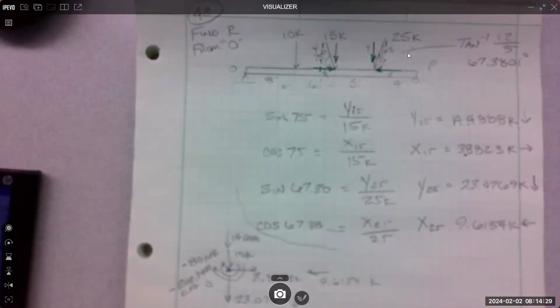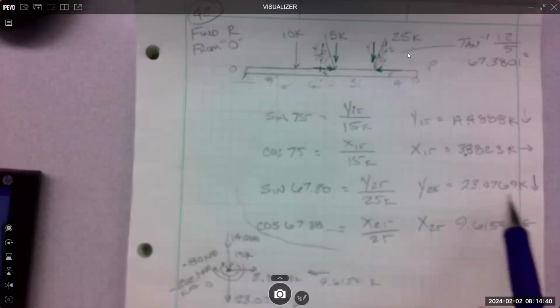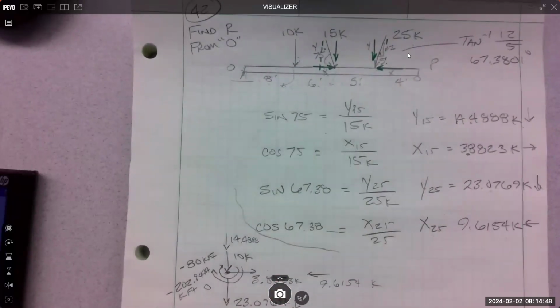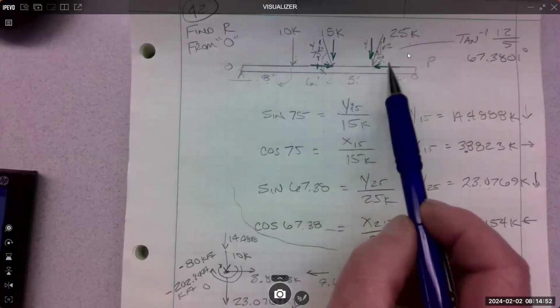Oops, damn. Lost my numbers. I'm so sad. .0769 and 19. Oh, 19. So it's this Y component times 19.